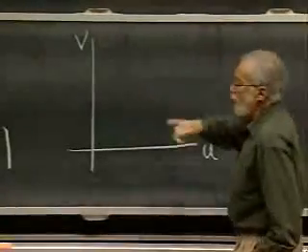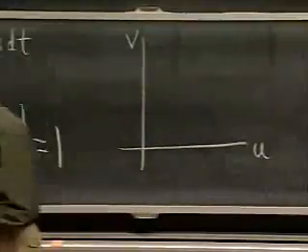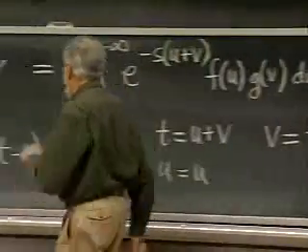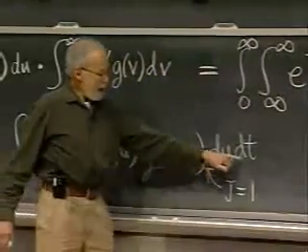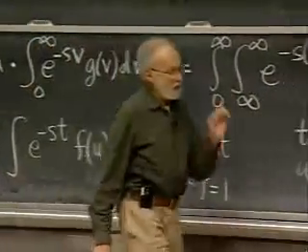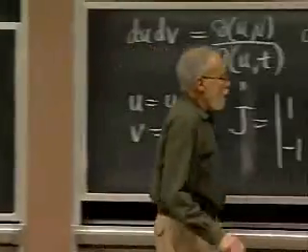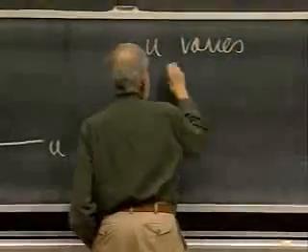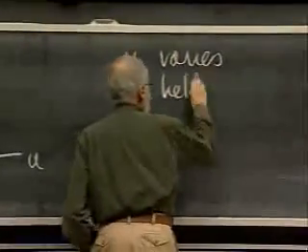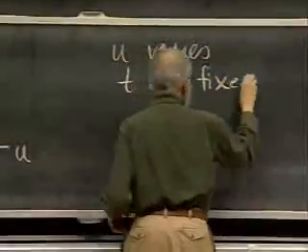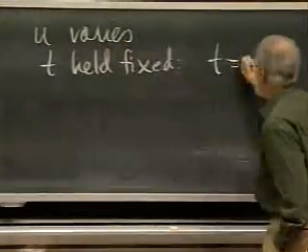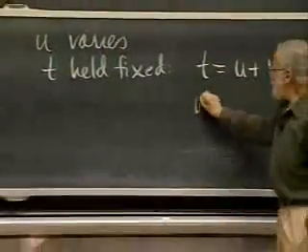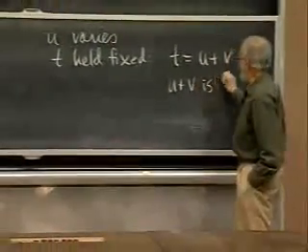So what you do is, when you do the integral, the first step is u is varying and t is held fixed. So in the first integration, u varies, t is held fixed. Now, what does holding t fixed in this picture mean? Well, t is equal to u plus v, so u plus v is fixed.